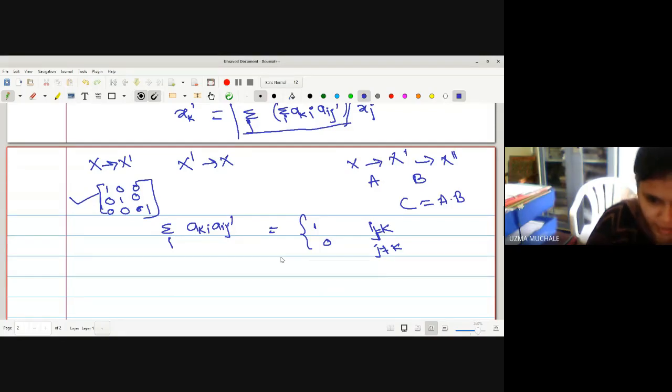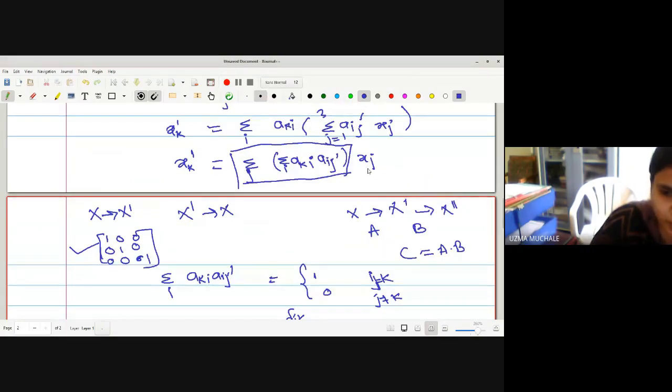So this I can write as delta jk. So what we are getting here, this is the transformation from x to x dash, and here we are getting these terms as 1 or 0. So we will get a matrix of this type, 1 0 0, 0 1 0, 0 0 1, right?